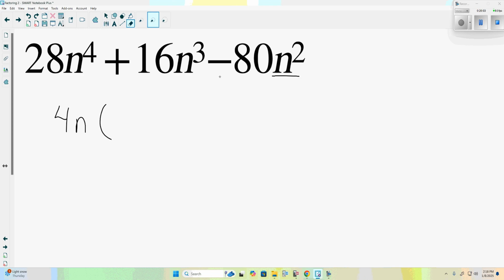And with variables, when we look at the greatest common factor, it's whichever one has the smallest exponent. So the smallest exponent is 2. So that means we can take 2 away from each. So the greatest common factor is going to be 4n squared. And whenever we do this, really what we're doing is dividing each one by 4n squared.